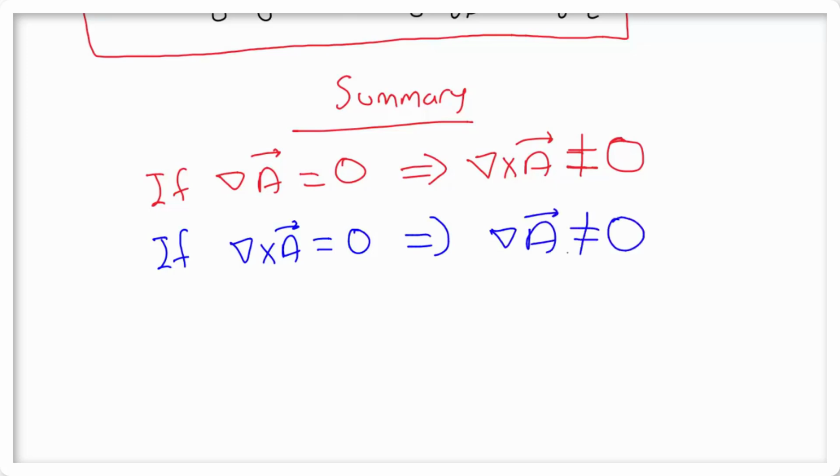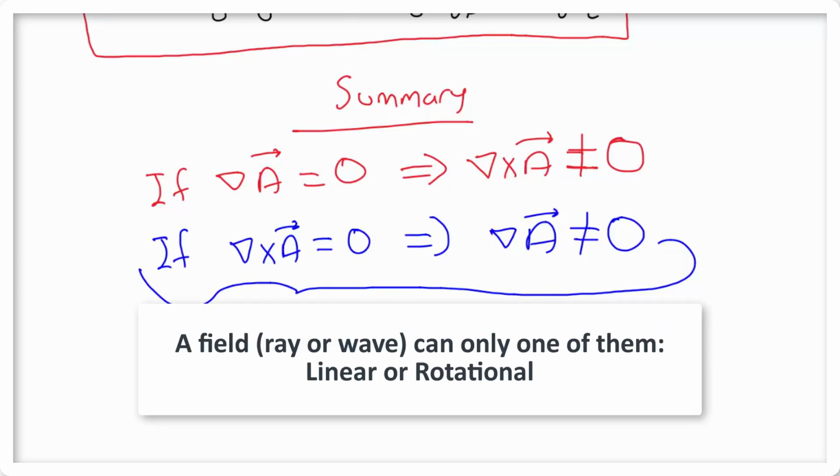So this is the summary: a field or ray is either cyclic or linear. Cyclical or linear, my friend.